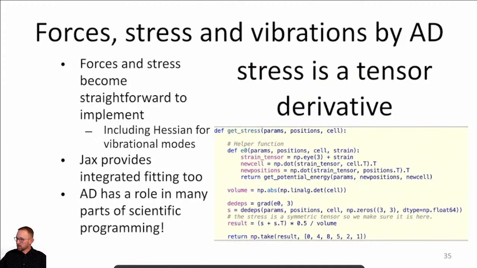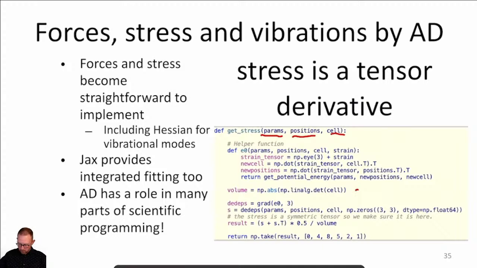Similarly, we can get the stress. The stress is just a similar kind of tensor derivative of the total energy with respect to displacements of deformations of the unit cell. So again, we have a function that gives us parameters, position, and cell to get the stress.